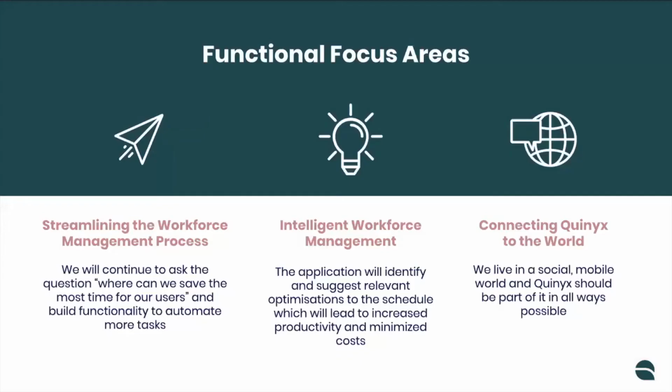In context of that, we've got a few different focus areas here at Quinix with the transition for Neo. So some of these things will be familiar if you have attended previous transition webinars. The main focus areas for Neo forecasting, first one on the left-hand side there, is streamlining the workforce management process.